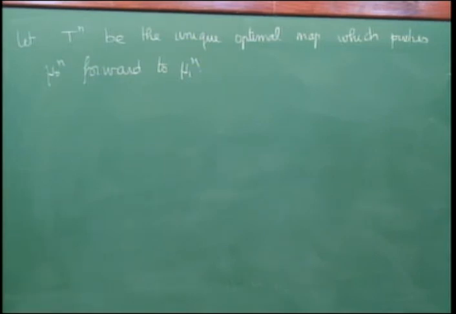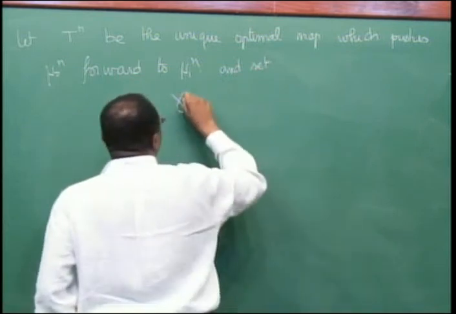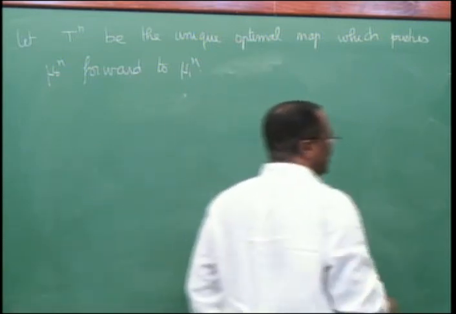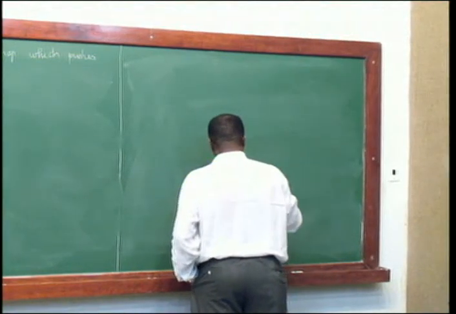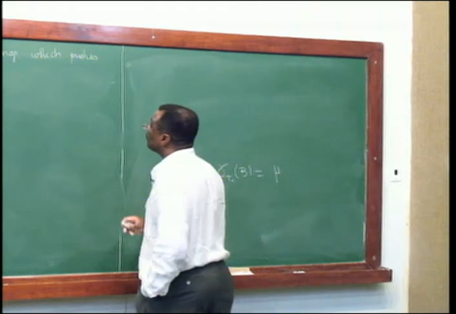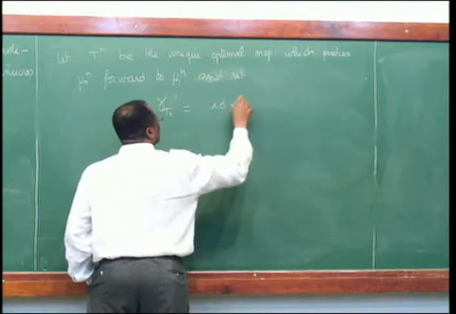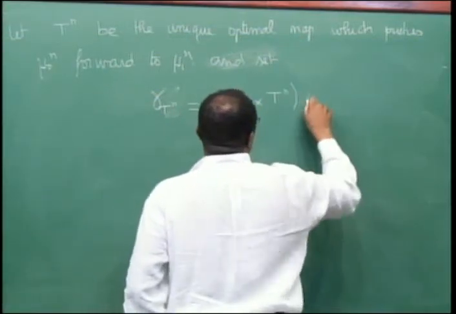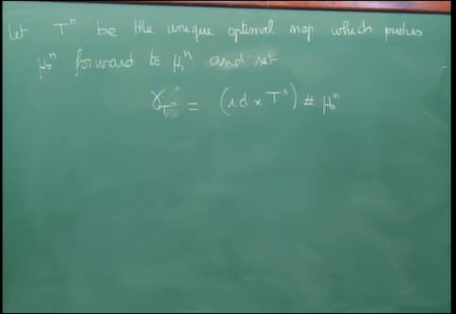We know that such an optimal map exists, and set gamma Tn to be identity cross Tn push forward mu naught n. This is the optimal gamma in the Kantorovich problem.